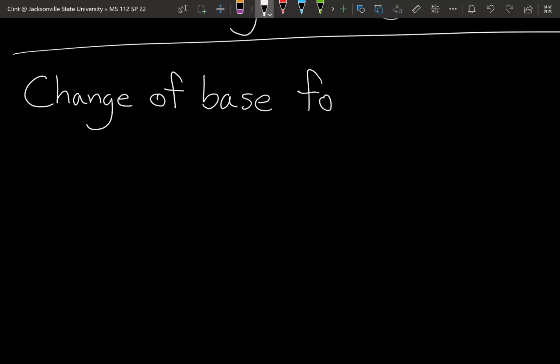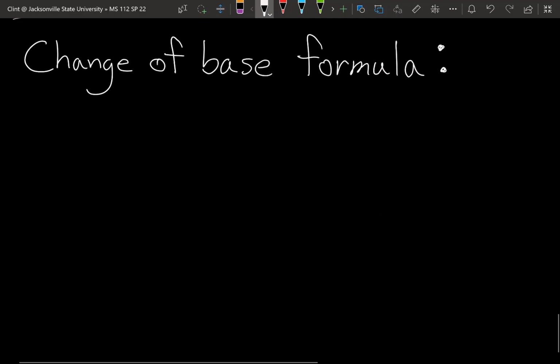So if you have logarithms written in one base, you can use this to rewrite them into another base. One thing this gets used for is if you have logarithms with some weird base, like base 3 or something like that.